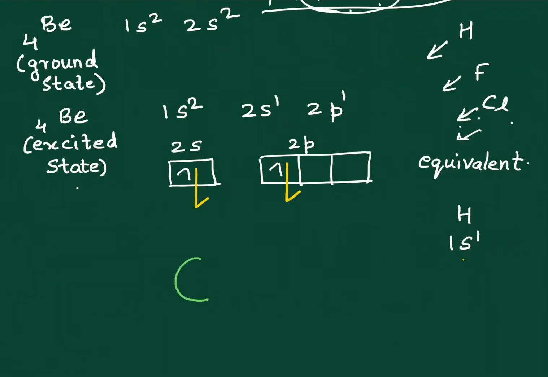So this is 2s of beryllium, and this is 1s of hydrogen. This is one overlap which is taking place, so that's a sigma bond, and the other would be between the 2p of beryllium.